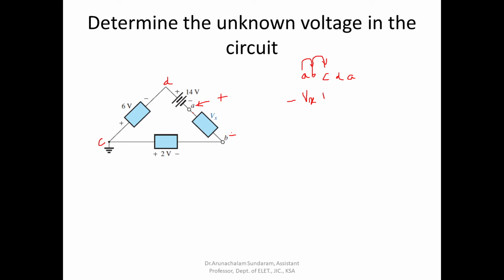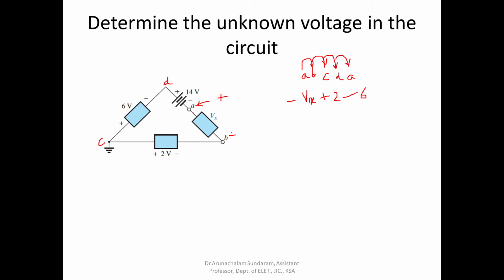So you put plus 2. Now you move from C to D, from plus to minus. It is a drop, so minus 6.